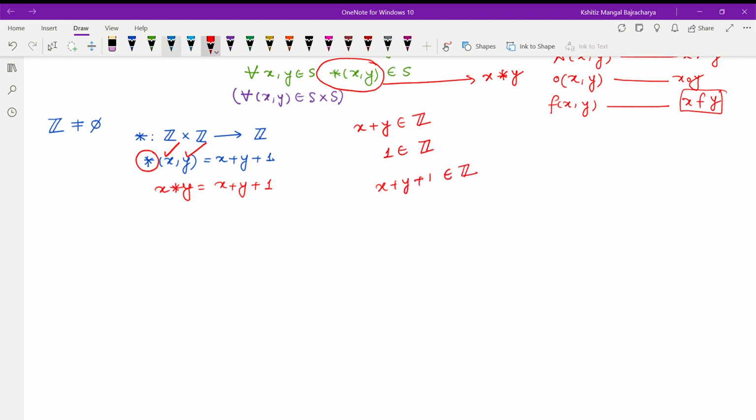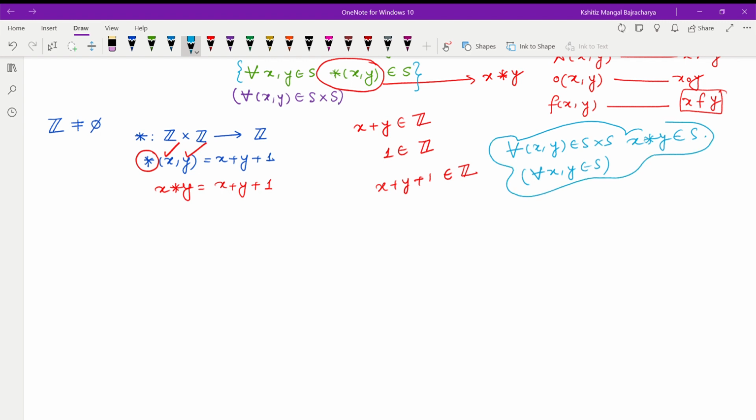We're going to check the validity of this condition right here, or equivalently this, to come to a conclusion that star is a binary operation.